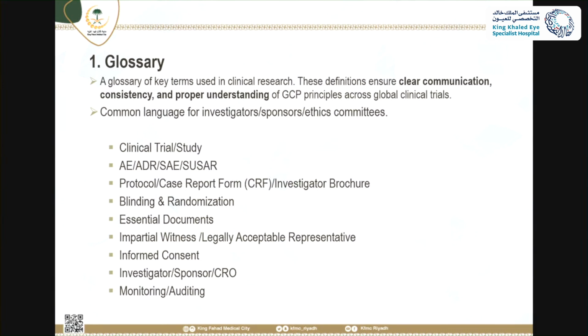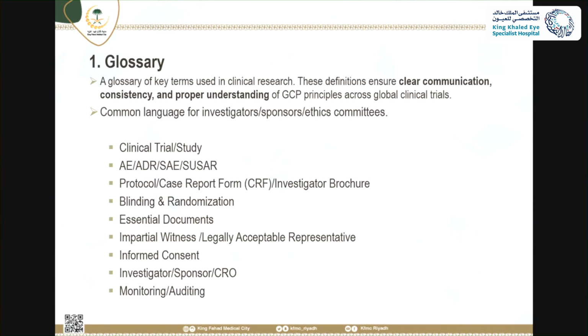However, clinical study is a broader concept. You can include observational studies as well. Also, they introduce for you what adverse events, adverse drug reactions, serious adverse events, and SUSARs mean, the suspected unexpected serious adverse reactions. So these are new terminology for you as a clinician. Even if you think we are handling adverse events in our clinical practice, by concept it's completely different.